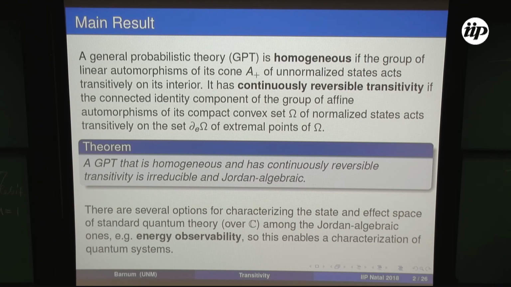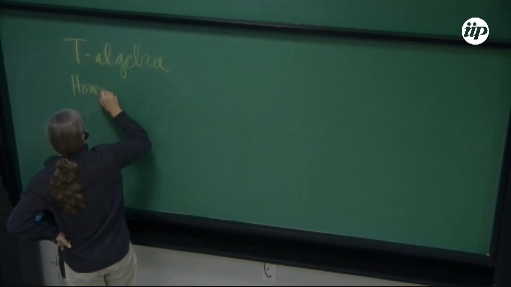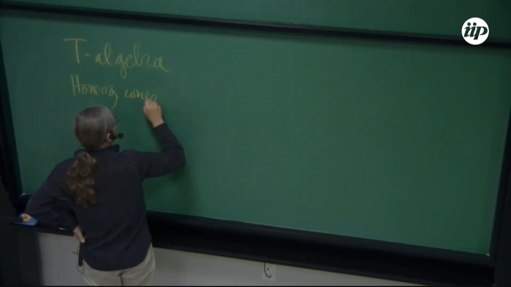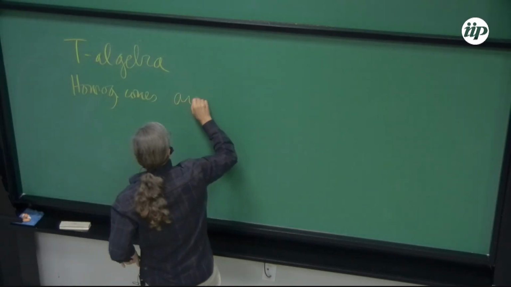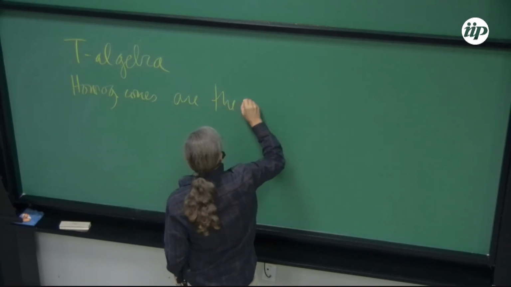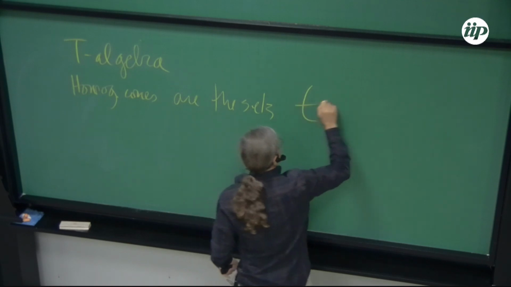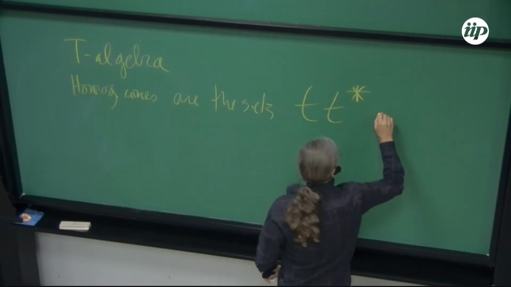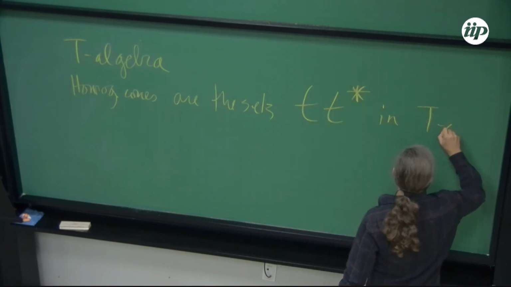So Vinberg defined something called a T-algebra, and he showed that homogeneous cones are the sets TT star in T-algebras.